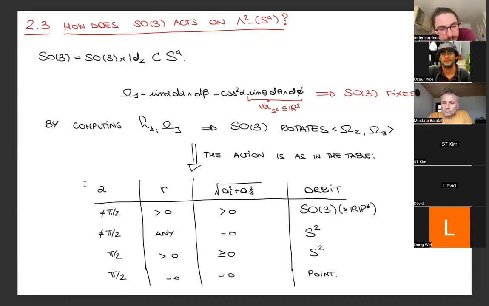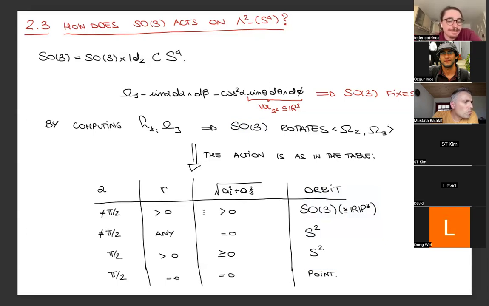You can see that if I'm away from pi half, and pi half is the point where my S2 in the base collapses, I have two phenomena. Either the square root of a2 squared plus a3 squared doesn't vanish, and then I'm in the principal orbit case, and so my orbit is SO3.